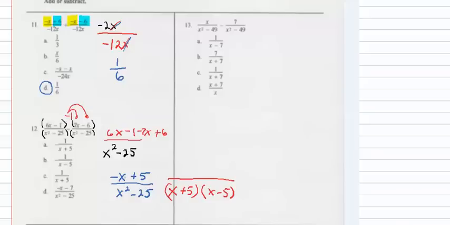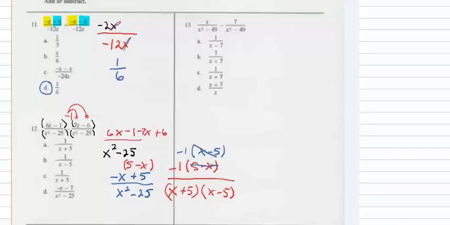Okay, at the top, I still have my negative x plus 5, but I look and I see I don't have that. I can rewrite it like that. Do you see that these are opposites? So can I take and multiply this by a negative 1 and rewrite the top as keeping the negative x minus 5 and cancel that?